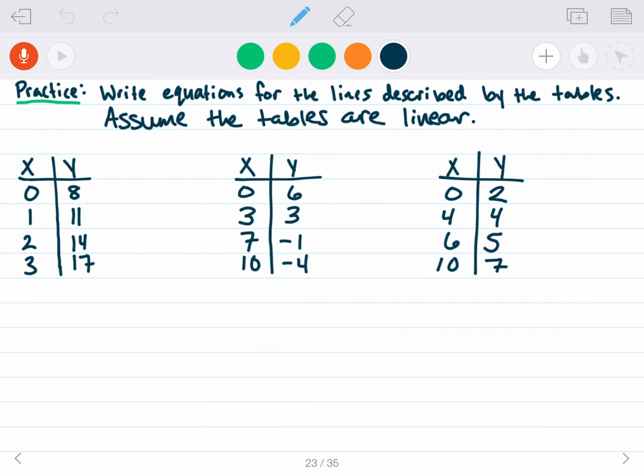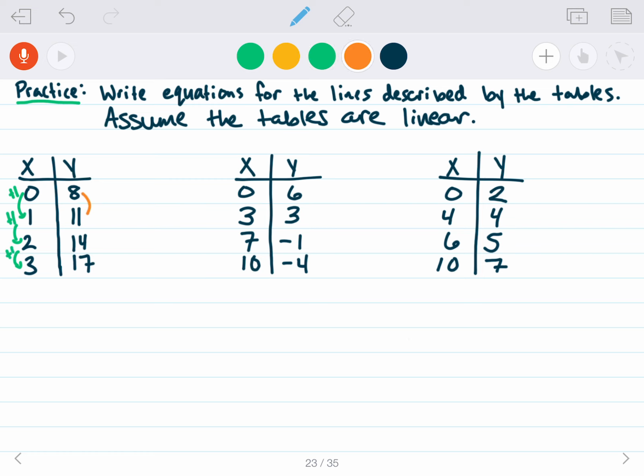Okay, so we're going to assume that these tables are linear, all right? And we're going to go ahead and write equations for the lines. All right, so let's look at our x's first for this first table. So we're adding 1 on the x's, that's good.